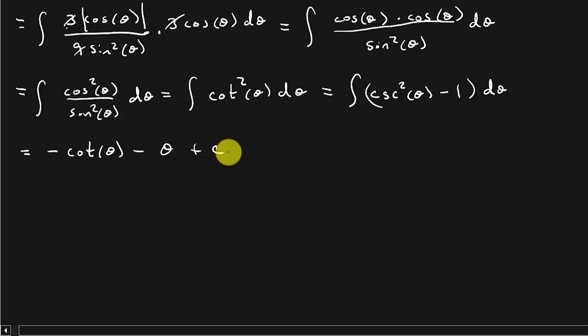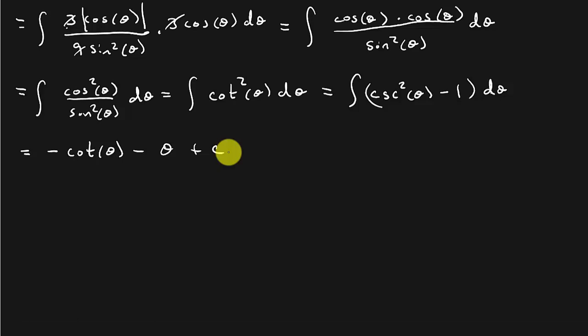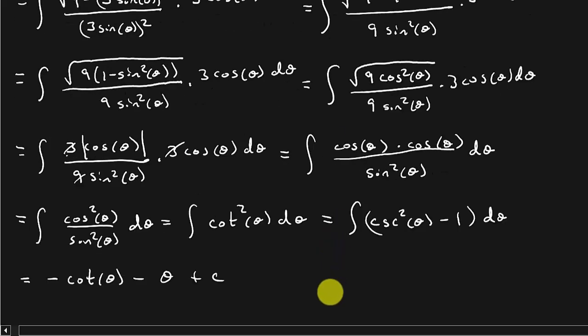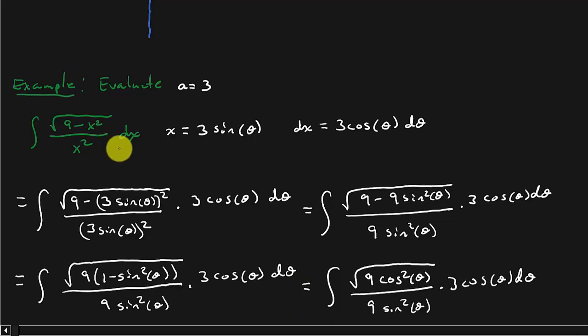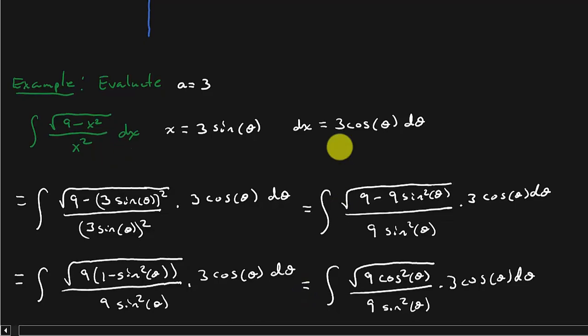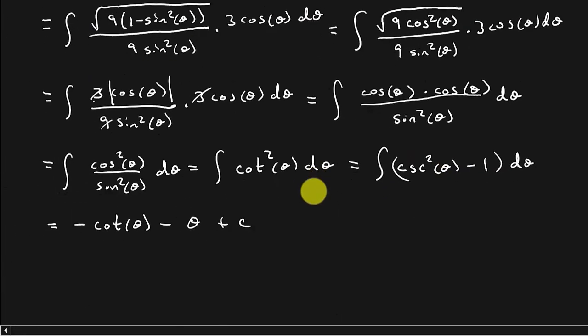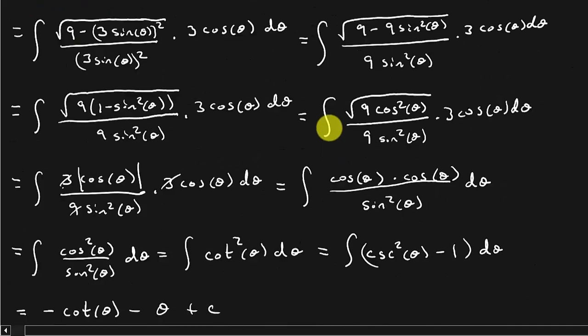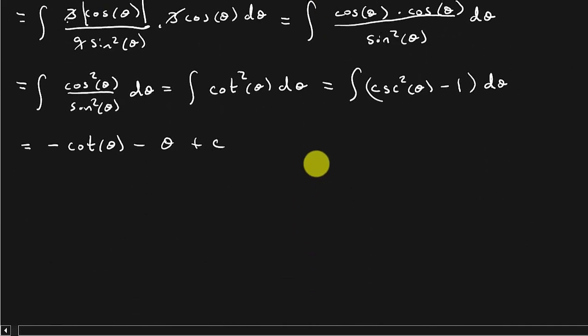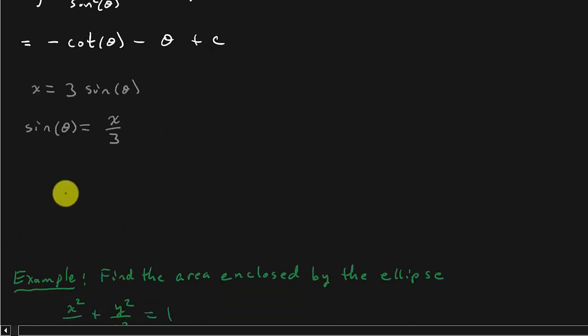All right. Now, we integrated it, but we're not finished because our answer needs to be in terms of x. Well, let's go back up here to the fact that I chose x to be 3 sine theta. So this tells me sine theta is equal to x over 3.